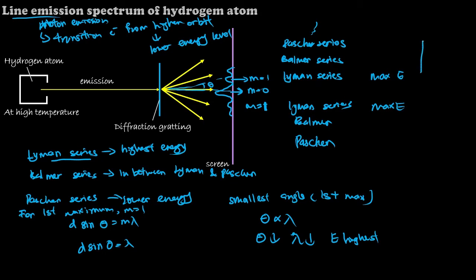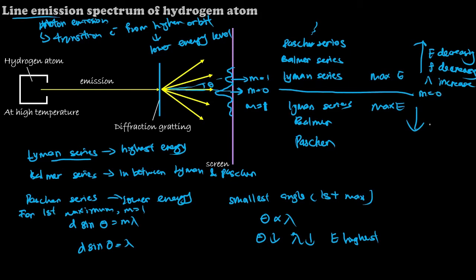When it goes further away from the central maximum, which is m equals 0, the energy is decreasing, the frequency is decreasing, and lambda is increasing. Is it okay?